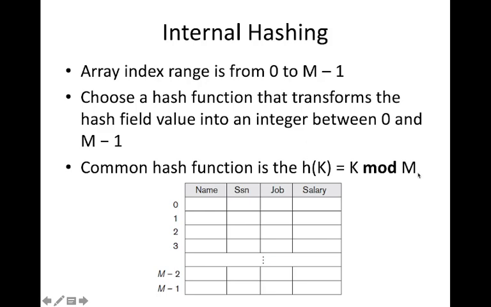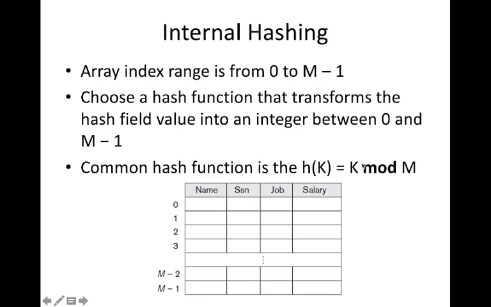Then 25 mod 100 is 25. So there will be a 25th record, and in the 25th record you will be storing the details of that student. If k equals 121, then 121 mod 100 is 21. So it will be stored in the 21st record, or 21st place.